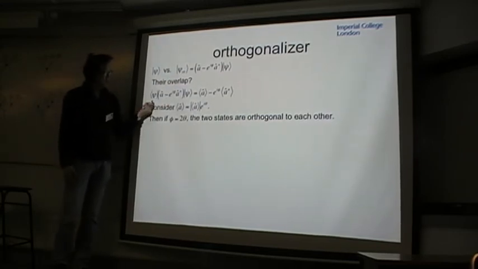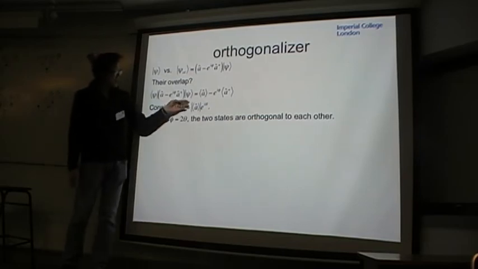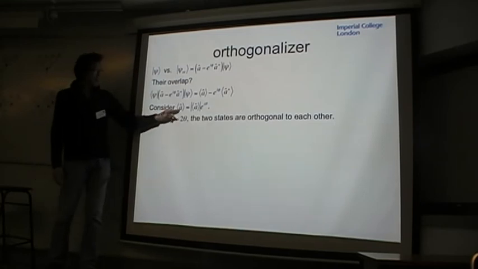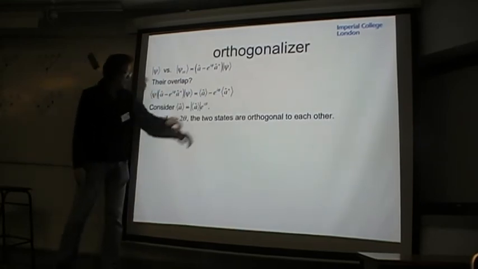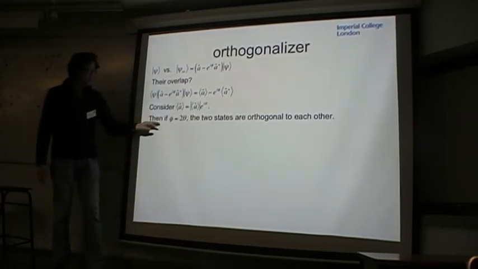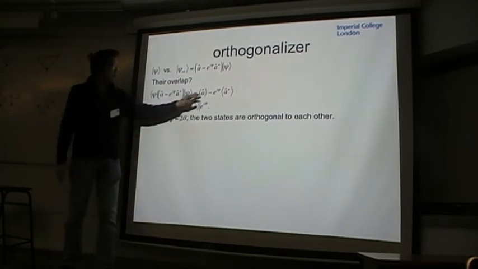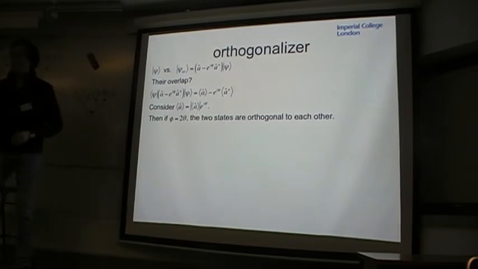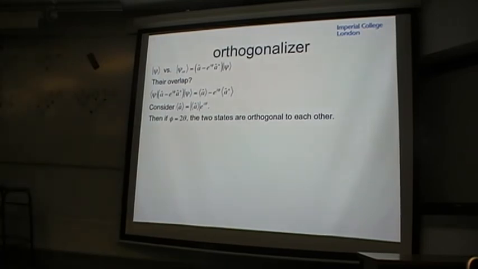We check the overlap, and that's going to be like that, and if this is the same as that, then we know that this is 0. So the input state, the initial preparation of the nanomechanical oscillator, is orthogonal to the final state of the nanomechanical oscillator.